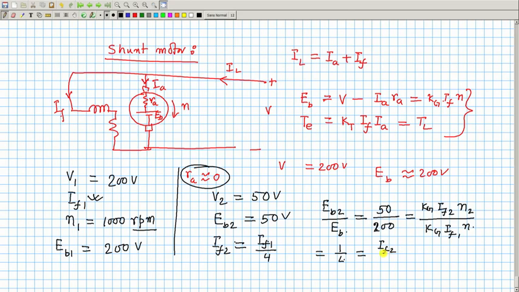What is the speed N 2 I am looking for? k g goes, I F 1 and initial speed is 1000 rpm N 1, is it not?